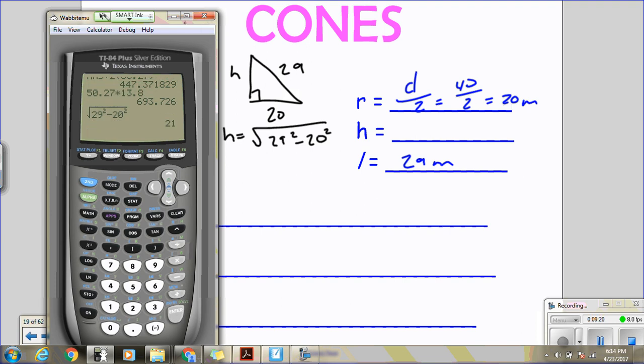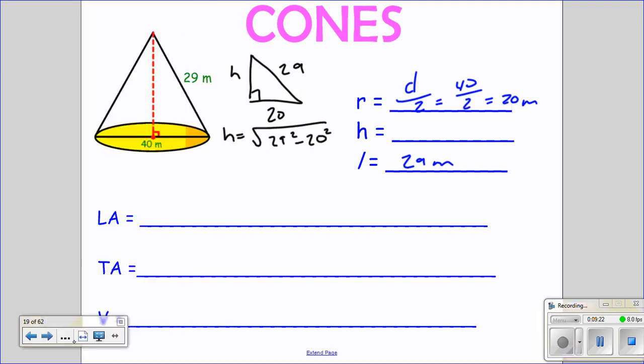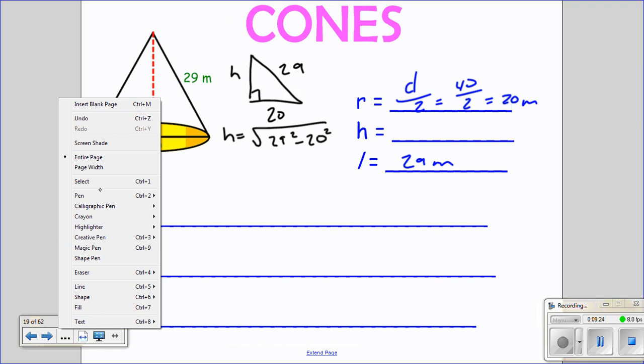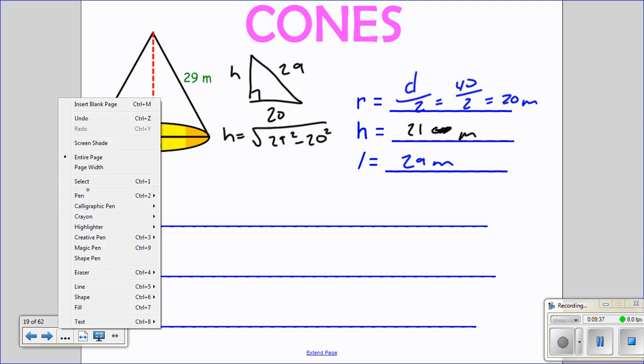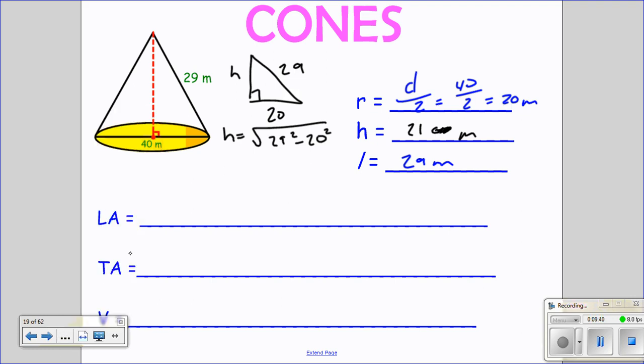And we get 21. So 21 meters is our 3D height.